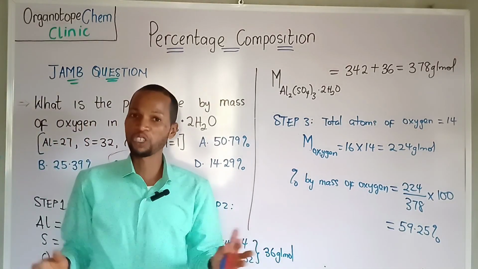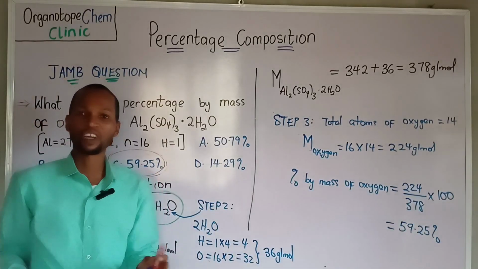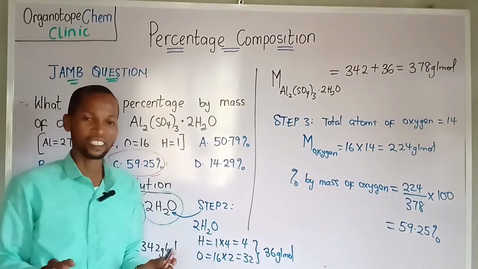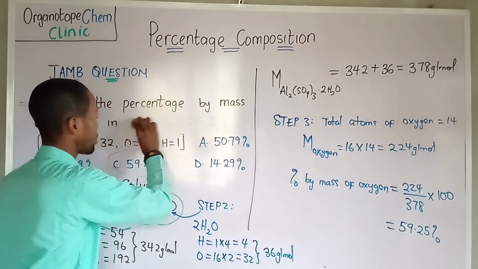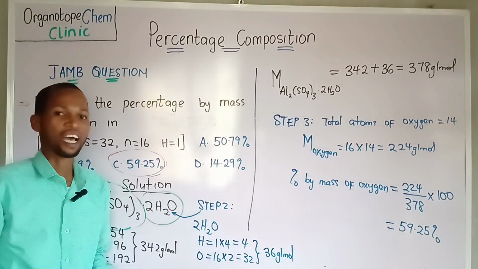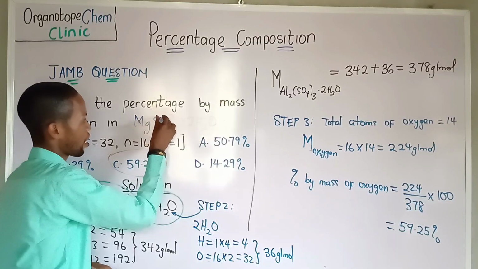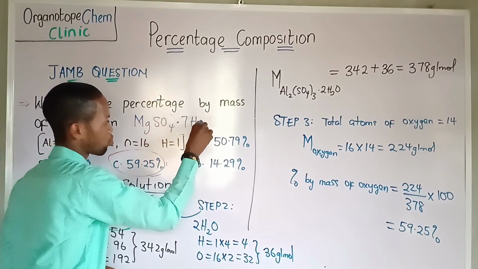So I don't want you to just watch me solve a question like this. I want to know if you can actually do it yourself. Okay, so I'm going to give you a quick challenge. Here is a quick challenge. We have the magnesium tetraoxosulfate 6 heptahydrate, which is MgSO₄.7H2O.